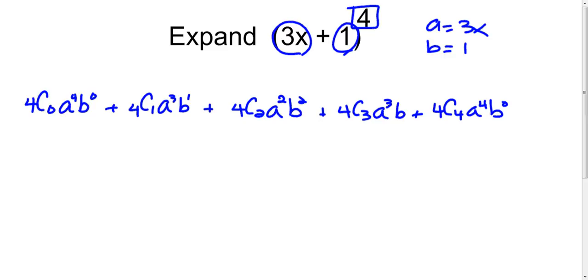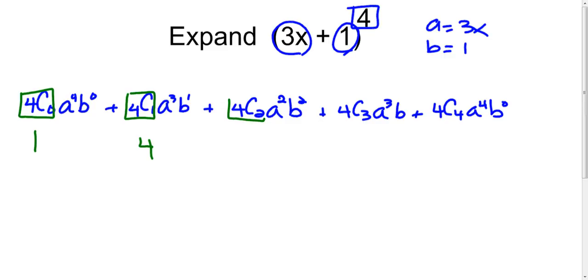We'll start out with our coefficients. So the coefficient to 4C0 is 1. Sorry. The coefficient to 4C1 is 4.